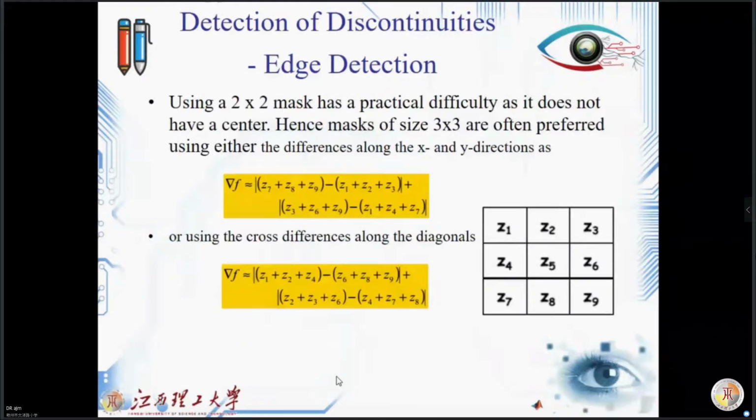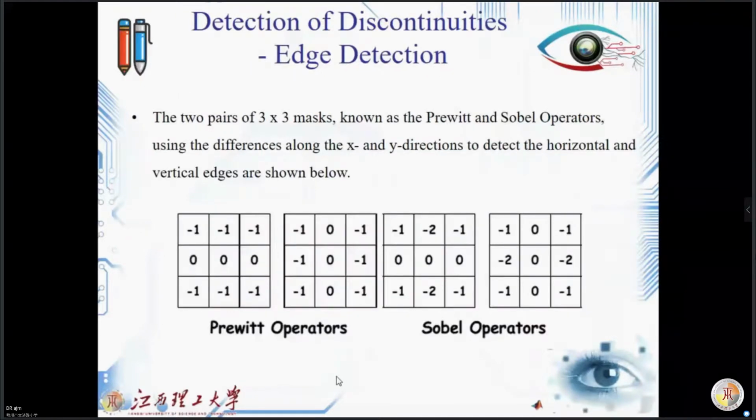You can calculate the change, or the gradient delta f, which we have in our image. Then if we have 2 pairs of these 3 by 3 masks, we know them as the Prewitt or Sobel operators.